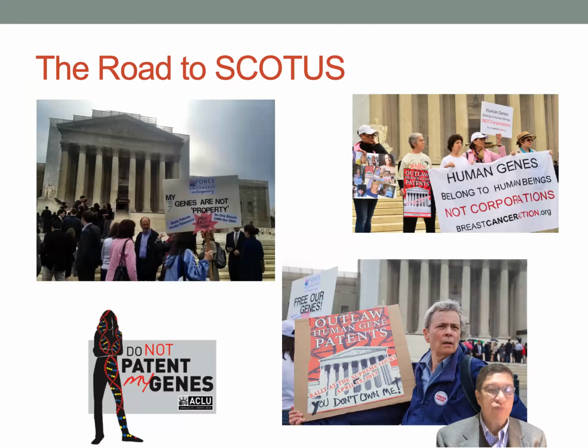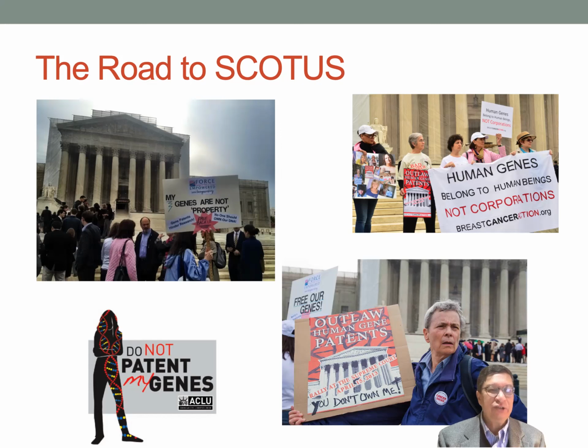So the case was brought in 2009 by the ACLU, first in New York at a trial court, then at the Intermediate Appeals Court in Washington, D.C. But the ultimate destination of this case was the U.S. Supreme Court.